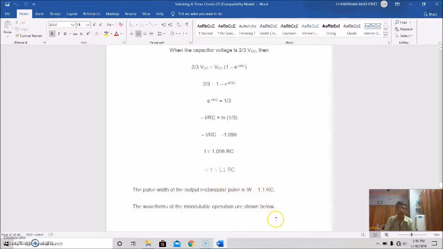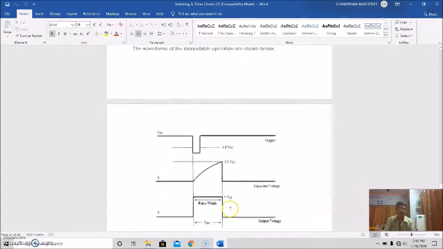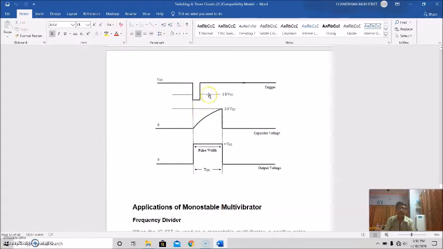So the waveforms of the monostable operation are shown here. This is the trigger pulse. This is the level of 1/3 VCC. This is the capacitor voltage, which is exponentially rising up to the threshold voltage, 2/3 of VCC, and this is the pulse width.